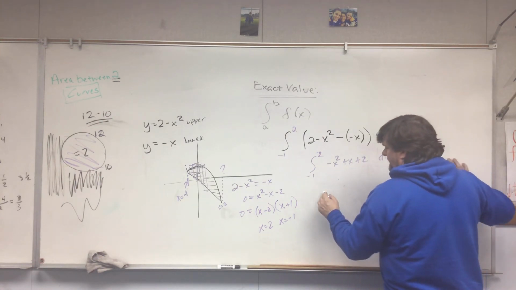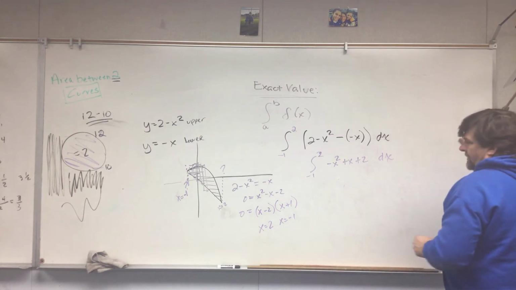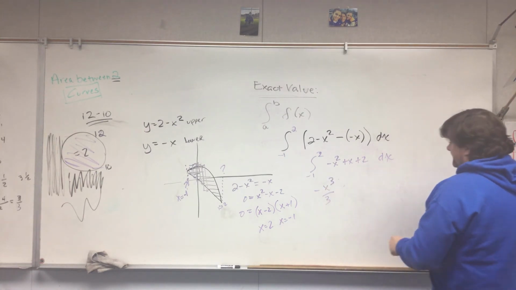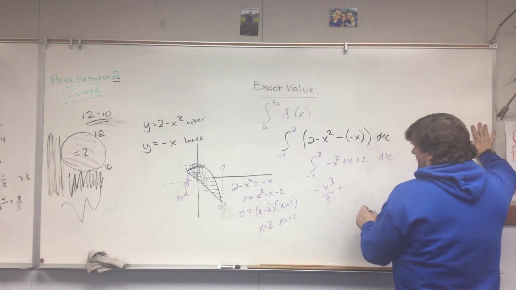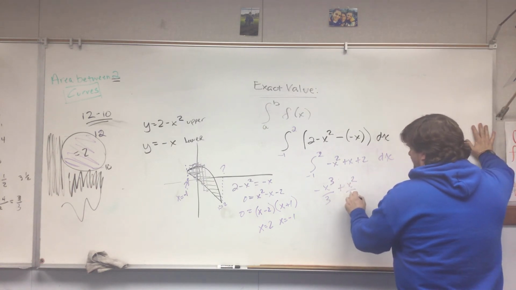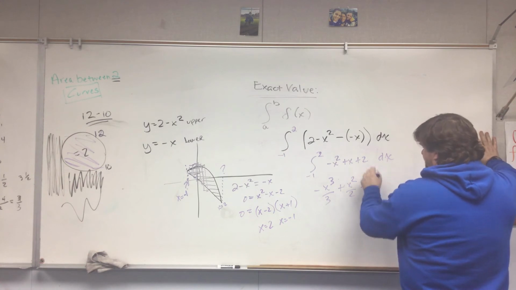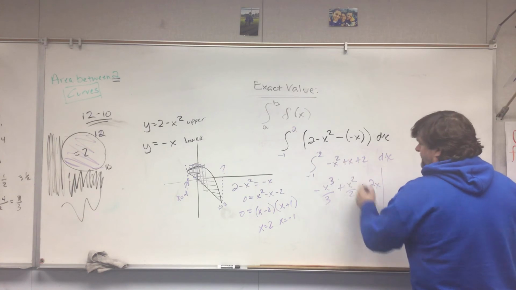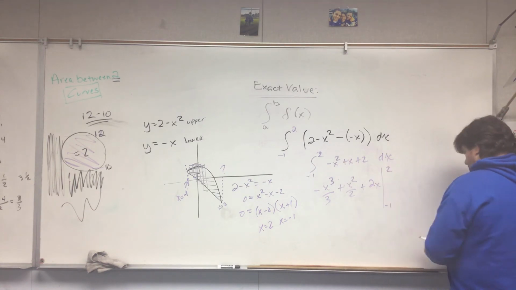Let's integrate it. So what are we going to do? We're going to get negative x to the third over 3. I haven't integrated since the last time you guys integrated. Plus x squared over 2 plus 2x, and that's going to get evaluated from negative 1 to 2.